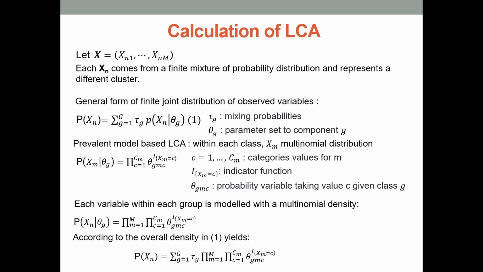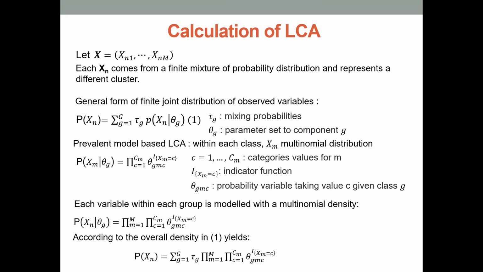And theta GMC will be the probability that, given the class G, of the variable. And another thing is the indicator function.